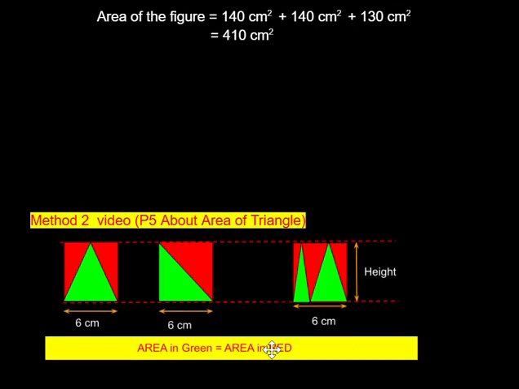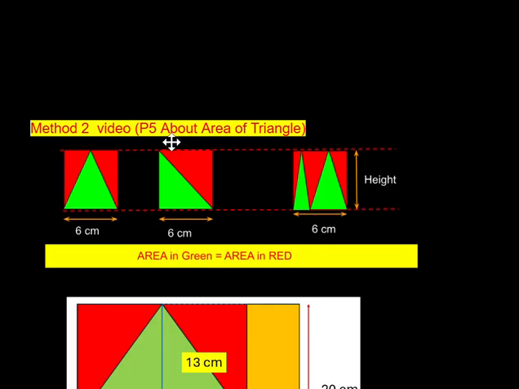For method 2, for those who have watched my video about P5 about the area of triangle, this is a very important concept. If I have a figure that looks like this, as long as it's a four-sided figure with a triangle inside and the triangle is touching at the corner and touching the side of the rectangle or a square, the area in green is always equal to the area in red, regardless of how it's been cut.